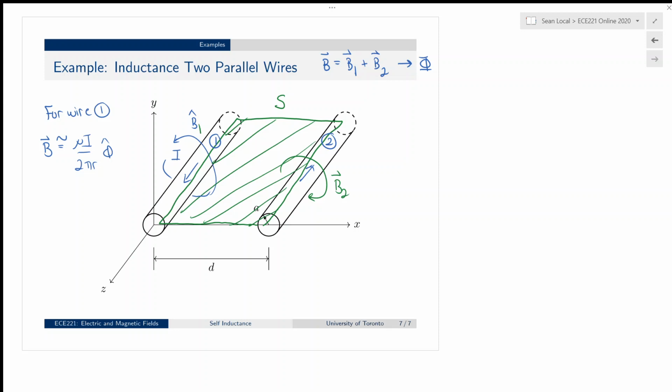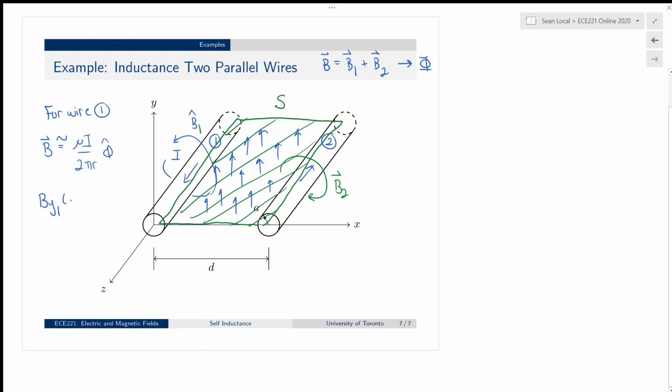But because we only need to integrate the B field over S to get phi, we only care about what the B field is from each wire over S. And I think you can recognize that if we look at wire 1, the magnetic flux produced by wire 1 is completely in the vertical direction when we consider only what's happening over S. And the same thing with wire 2, is that the magnetic flux density is also in the vertical direction over S. The vertical direction here is the y direction, and so we can write our expression for the B field produced by wire 1 over S.